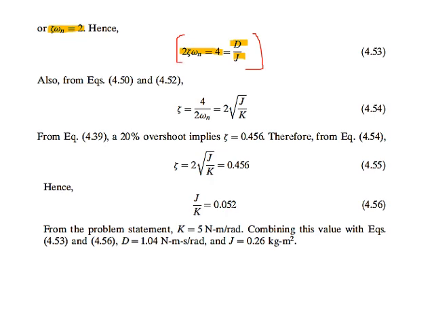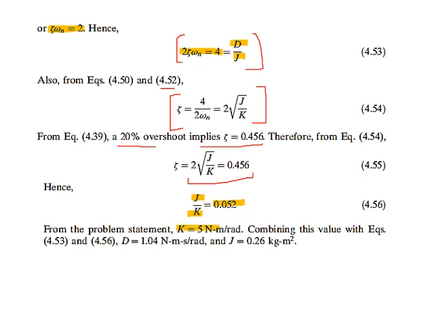And from equation 4.52 we obtain 4 over 2 omega n, which is equal to 2 multiplied by square root of J over K. Now we know that the required overshoot is 20%, so we can find the value of zeta, which is equal to 0.456. Substituting these values, we obtain 2 multiplied by square root of J over K equals 0.456, or J over K equals 0.052.